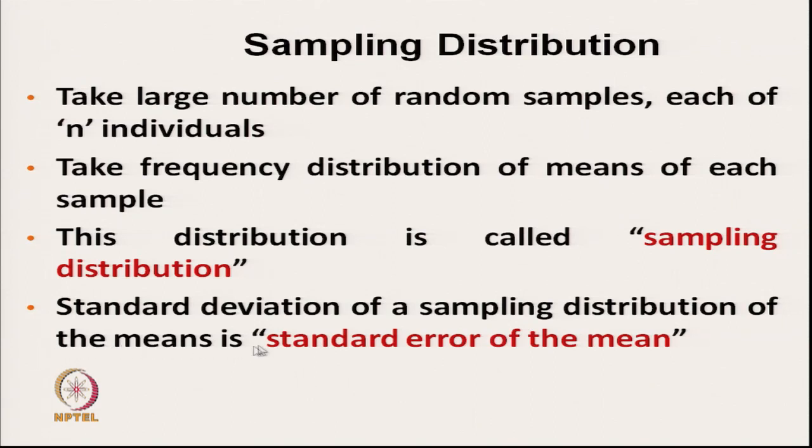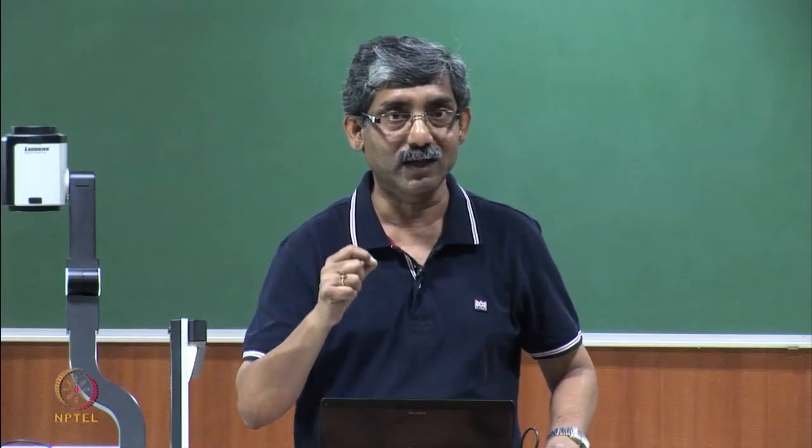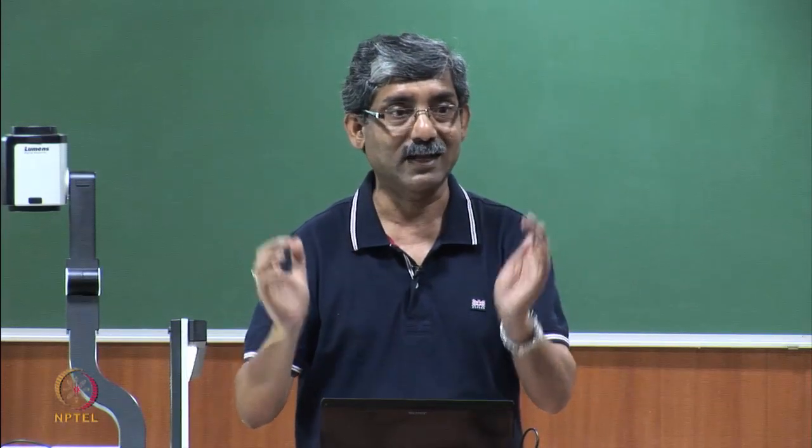The standard deviation of the sampling distribution of the mean is the standard error of the mean. In the population, if we take all the individual data, say 1000 bobbins, and test the whole population, we get the standard deviation.